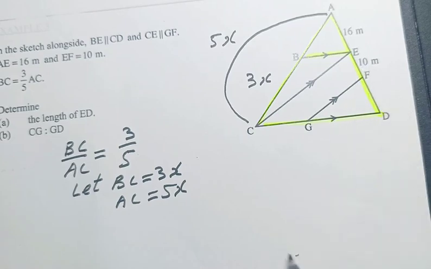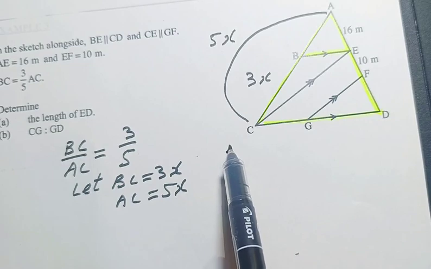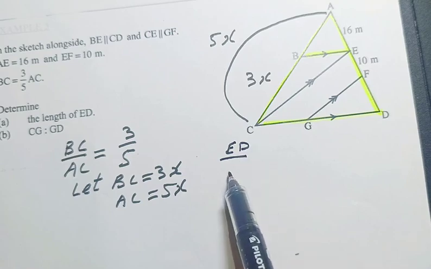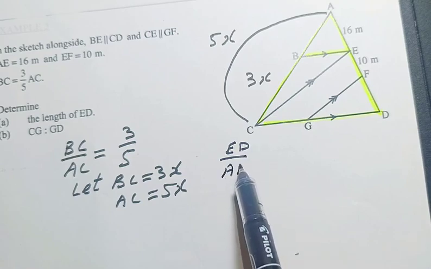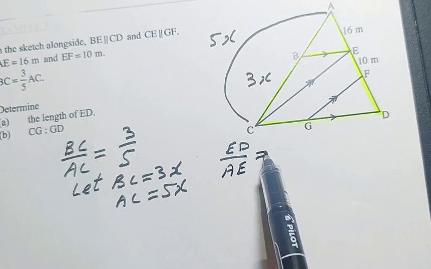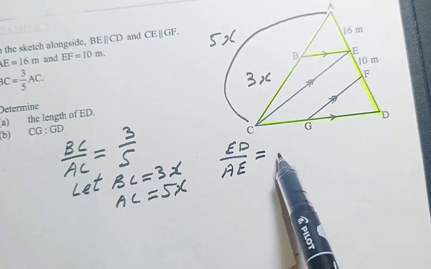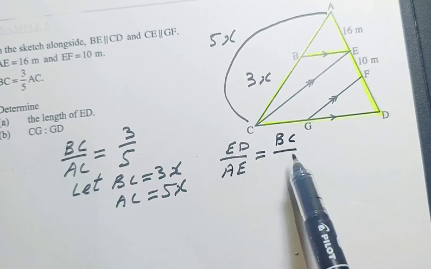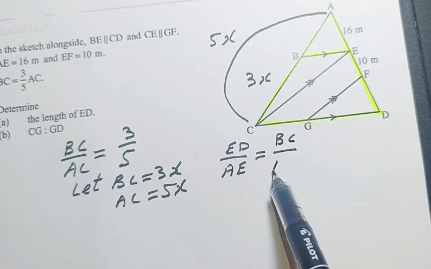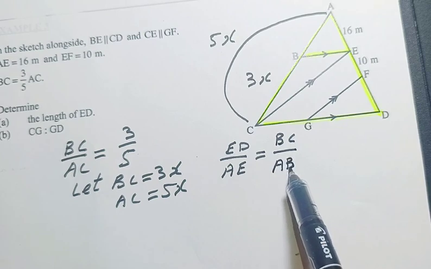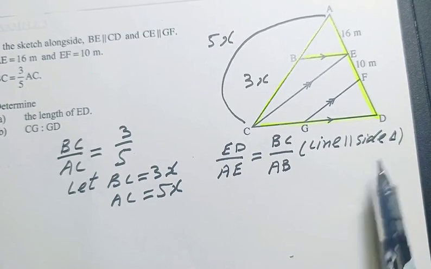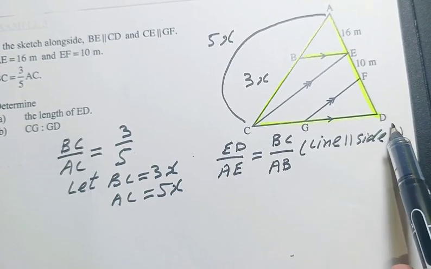So I'm gonna say ED over AE is equal to BC over AB. And the reason is line parallel to side of triangle.